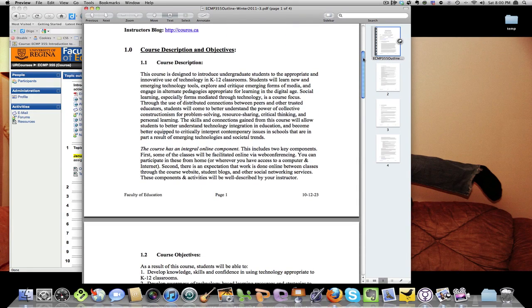I'm not going to read over every single thing here, but there's your general course description. In a nutshell, this class is about helping you understand, as teacher candidates, what it means to use technology and social media in the classroom. This is a fairly standard definition. It gives you an idea of some of the basic things we'll do.